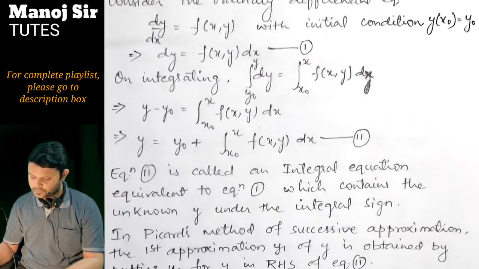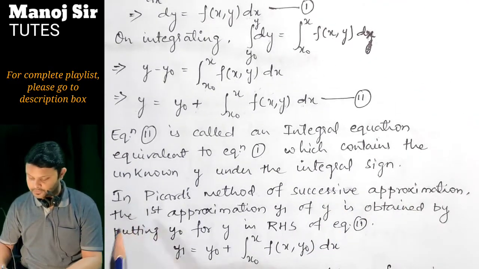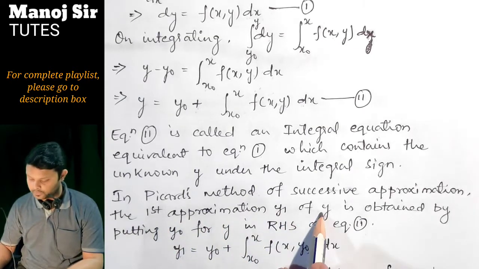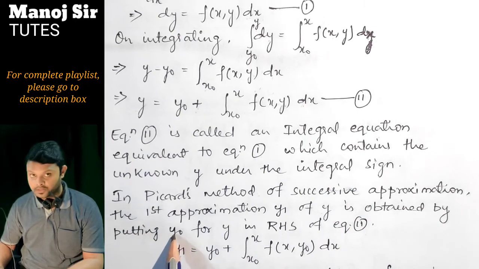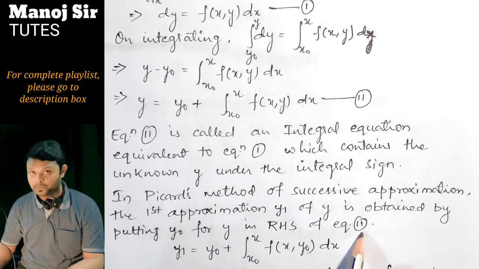In Picard's method of successive approximation, to find the first approximation y1 of y, we put y naught for y in the RHS of equation 2.